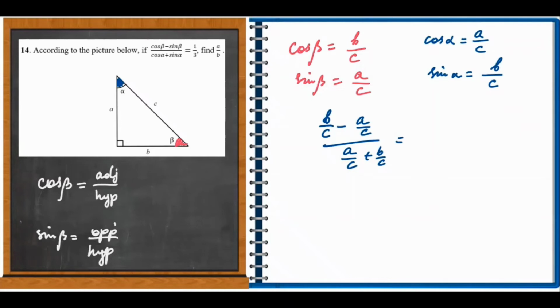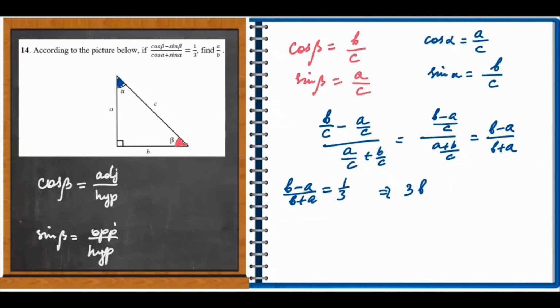So let's simplify it a little bit more. B minus a over c, a plus b over c is going to be b minus a over b plus a. So now it's given that b minus a over b plus a is equal to 1 over 3. 3 times b minus 3 times a is going to be b plus a.